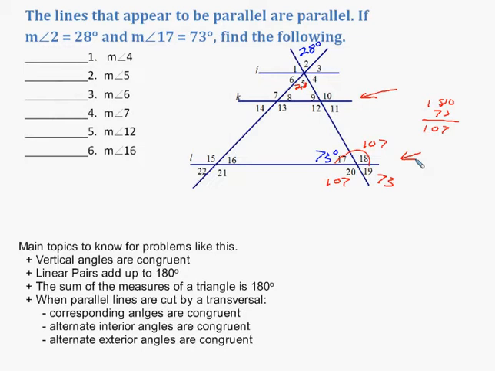So we know that angle 9 is going to be 73 because it corresponds with 17. Angle 12 is going to be 107. 10 will be 107 because of vertical angles, and then this is 73.